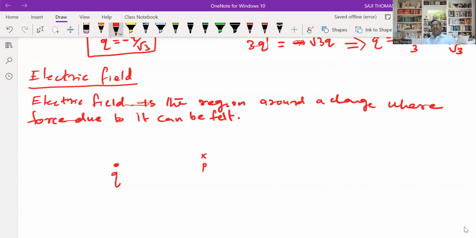You have to place 1 coulomb charge here and find the force between them. That is known as the electric field at that point. Electric field intensity at a point is defined as the force experienced by placing a unit positive charge at that point.